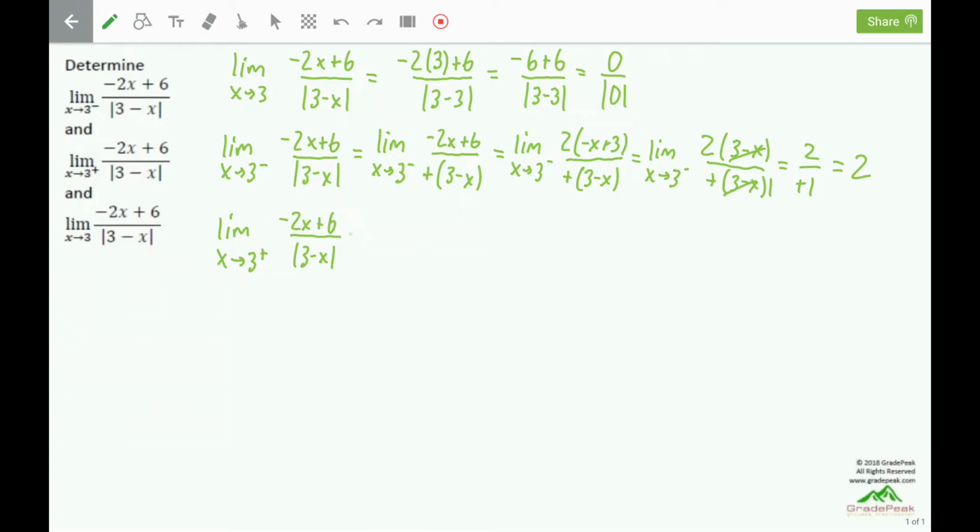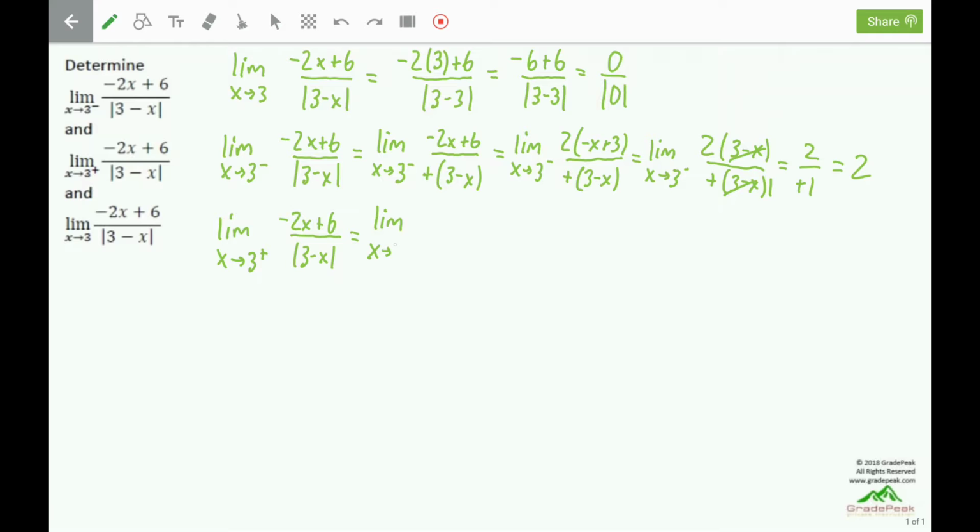Now for the right-sided limit, we're on the right side of 3 on the number line, or more positive than 3, like, say, 3.01. If we plug that in for x here in the absolute value, something more positive than 3, like 3.01, subtracted from 3 will give a negative number. Now the absolute value ensures that what comes out of there will be a positive number.